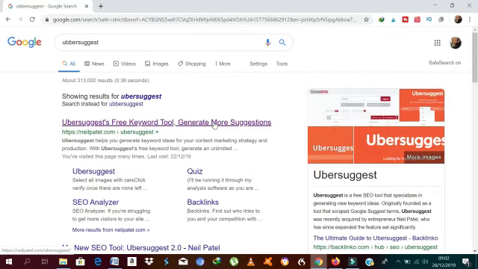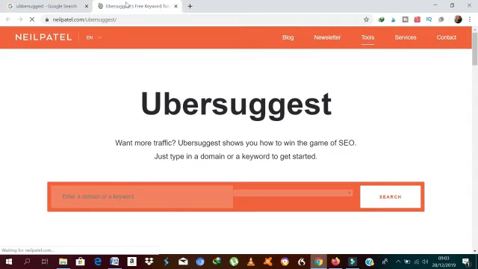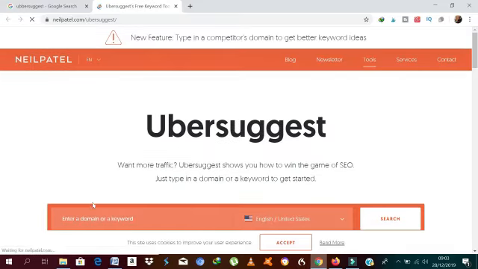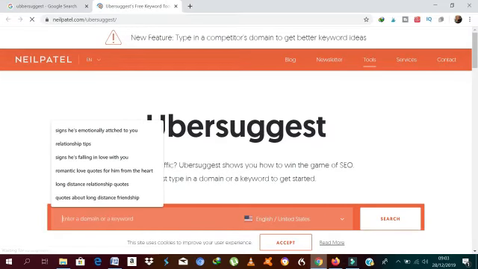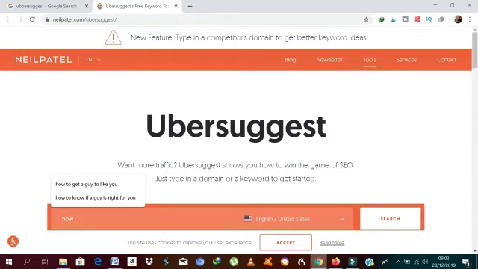Okay, so we navigate to the website. Then simply put in the same keyword we put in at the Google search engine. So how to do keyword research.